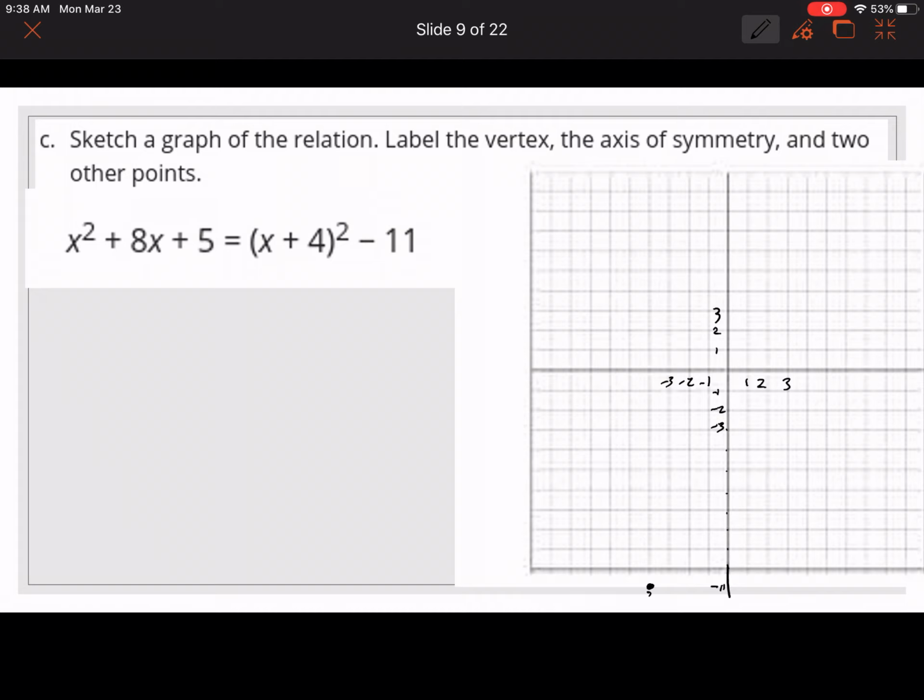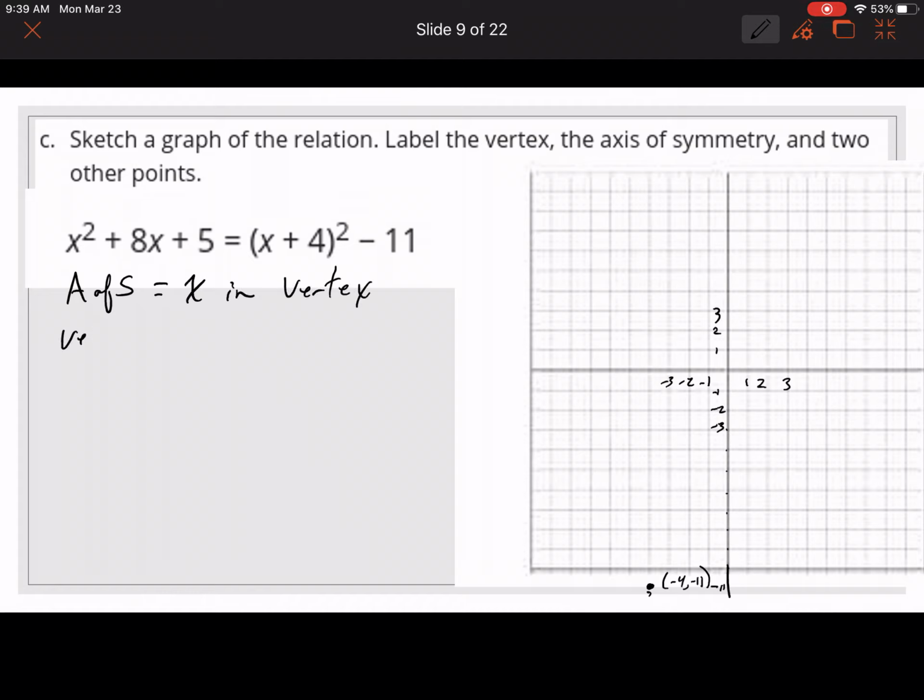Now, just because I have my vertex doesn't mean that I can instantly graph. So we need to know some other things. So label the vertex, I know that. Axis of symmetry, A of S, always equals the x in the vertex.